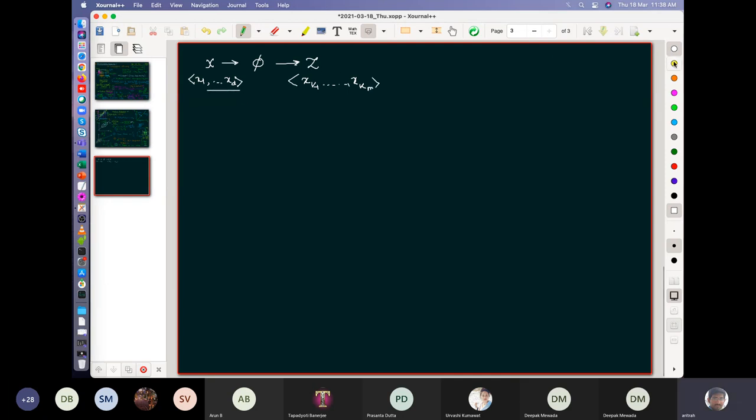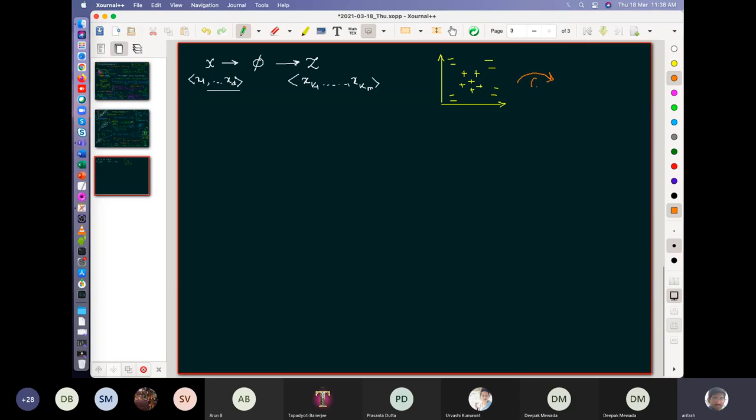Why do I need to do that? If you think carefully, there is a situation where I need to classify between points which are like this, so no linear separable classification can happen.